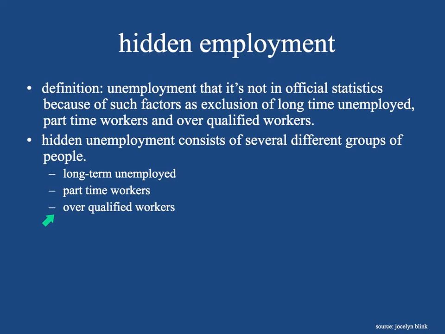An example would be somebody who has an advanced degree, whose qualifications would mean that they could have, say, a senior executive level position if they had experience, but they don't, because the jobs aren't available. So they have a job, except their skills are higher than what they're actually employed to do. And so they're overqualified workers. In other words, they're not contributing their full amount to society that they could.